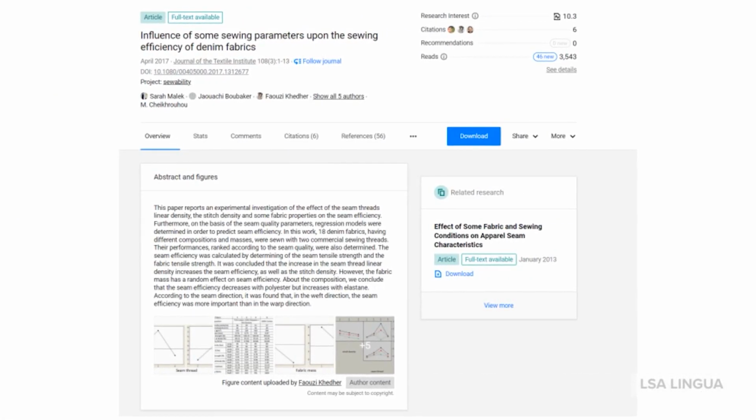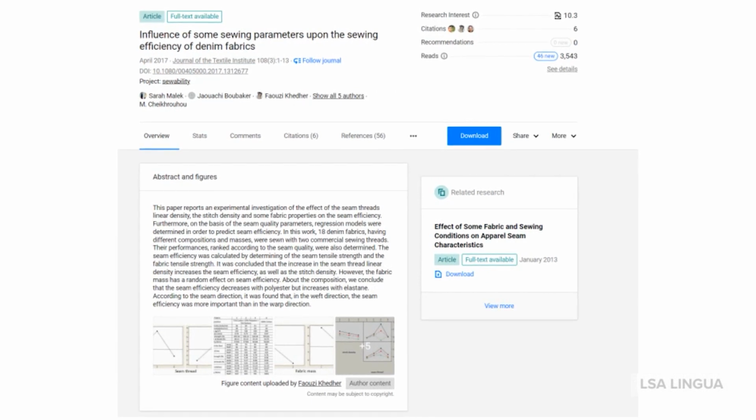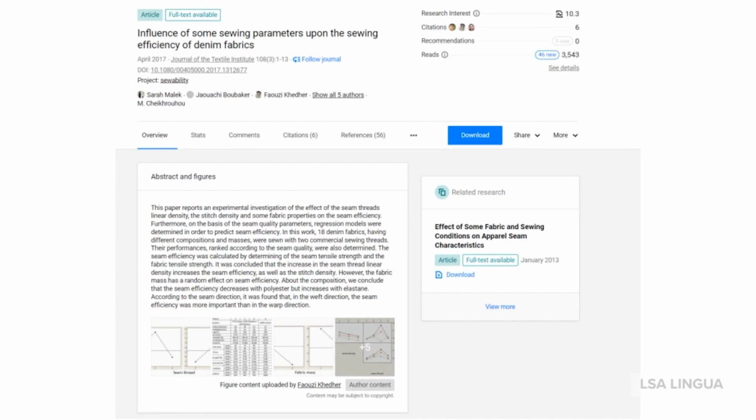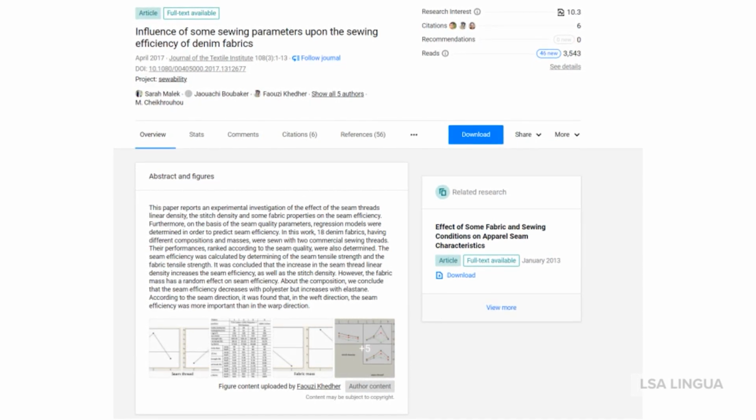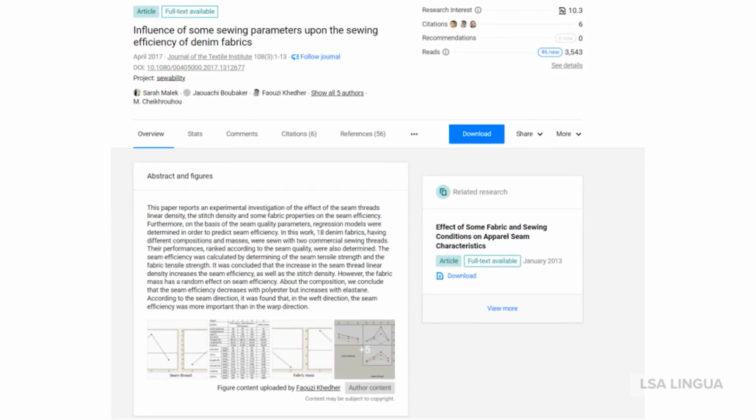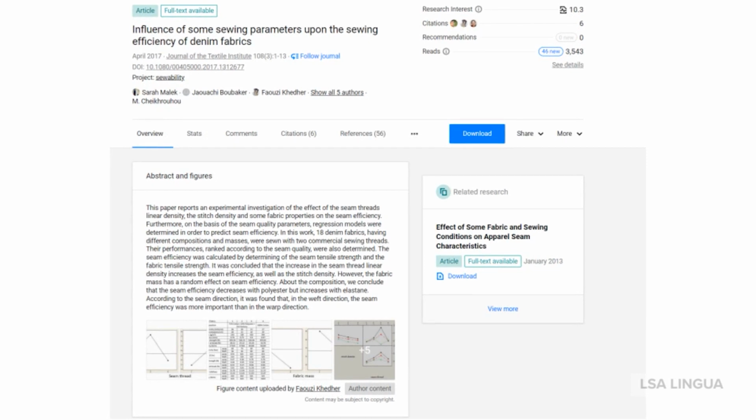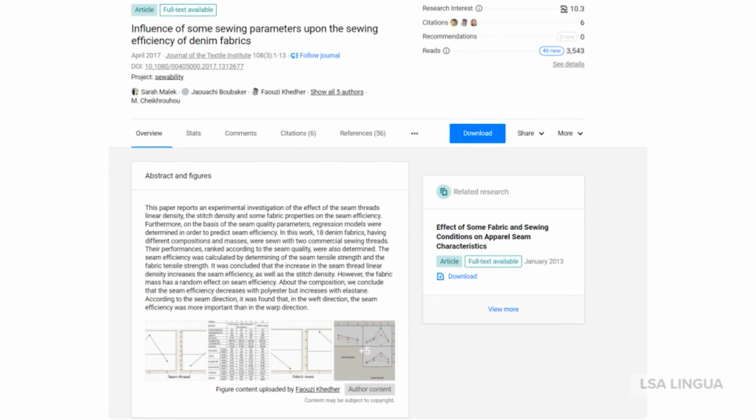Before diving into density, we're going to look at a table that is derived from the following scientific article in a few moments, which is titled Influence of Some Sewing Parameters Upon the Sewing Efficiency of Denim Fabrics, that was published in 2017 and written by the following authors.